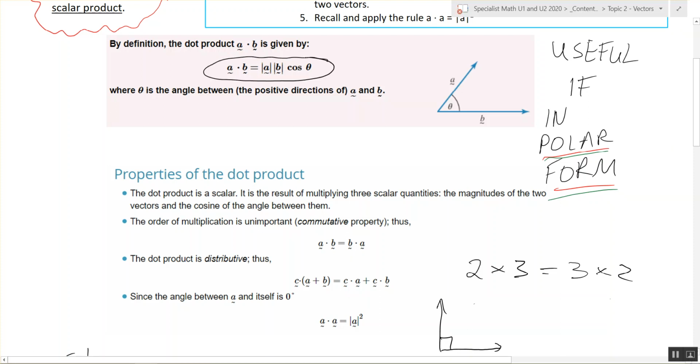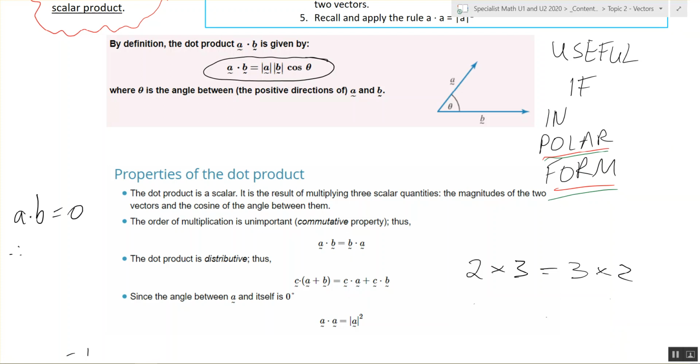Remember your unit circle? Not 1. Sine of 90 is 1. Cos of 90 is 0. So if the dot product of two vectors equals 0, you can say without a doubt they are perpendicular.